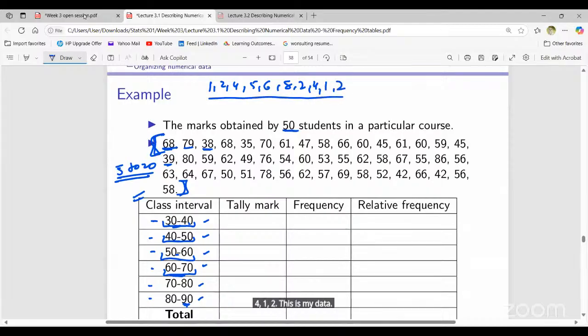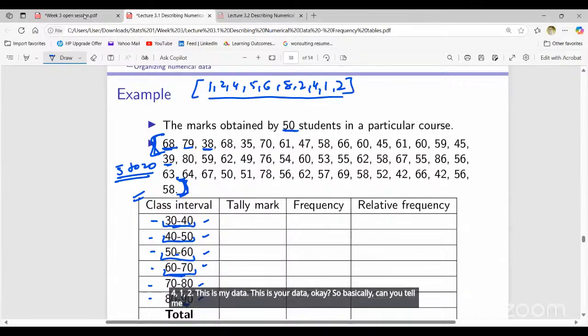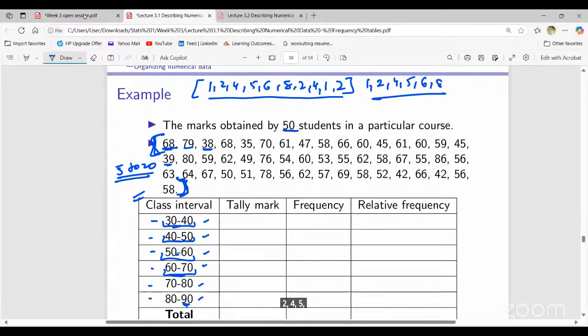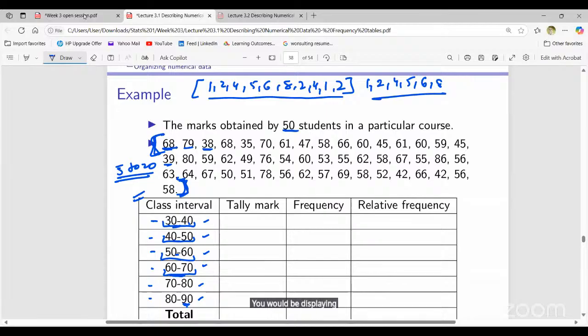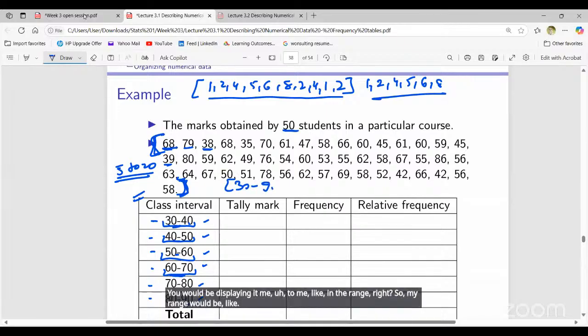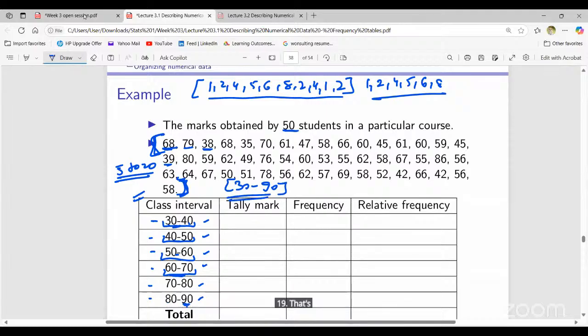If I'm going to represent this data, I would display it with the distinct values 1, 2, 4, 5, 6, and 8. That's it, right? Yes. Correct. How are you going to display this to me? You would be displaying it in a range. So my range would be from 30 to 90, and my marks are in between these values.